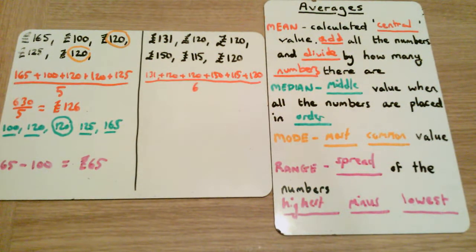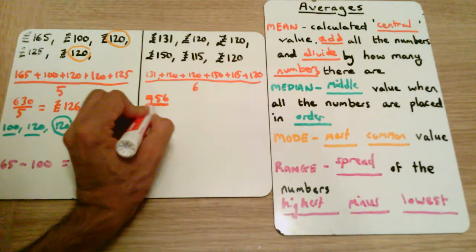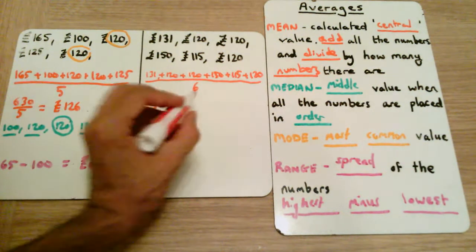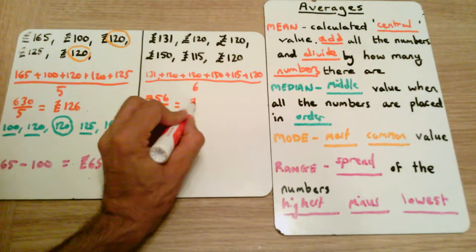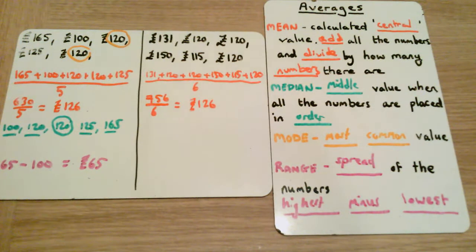That is 756. And if we divide that by 6, we get an answer of also £126. So on average, you could also earn £126 at this company.